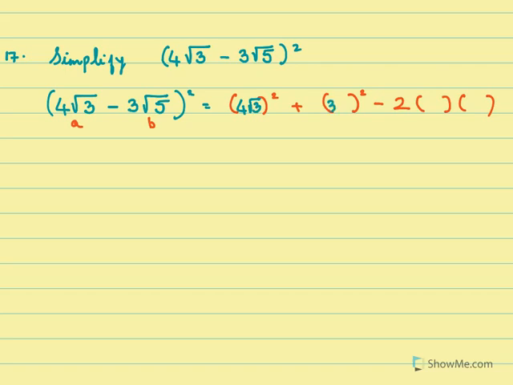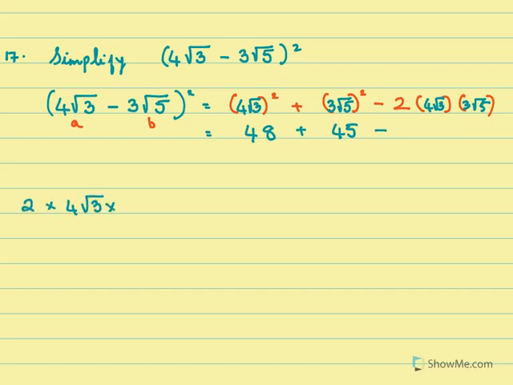So 4 under root 3 into 4 under root 3 would be 48. 3 under root 5 into 3 under root 5 would be 45, minus.